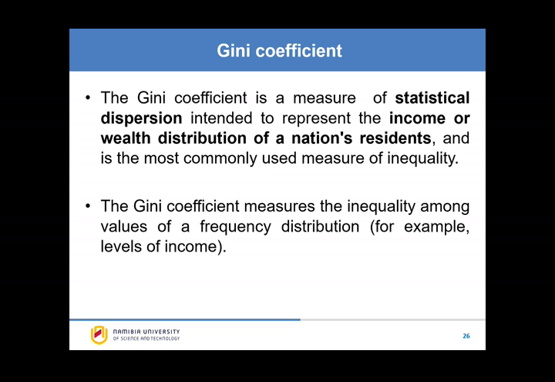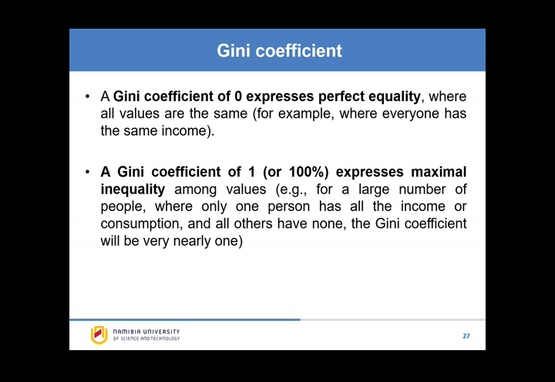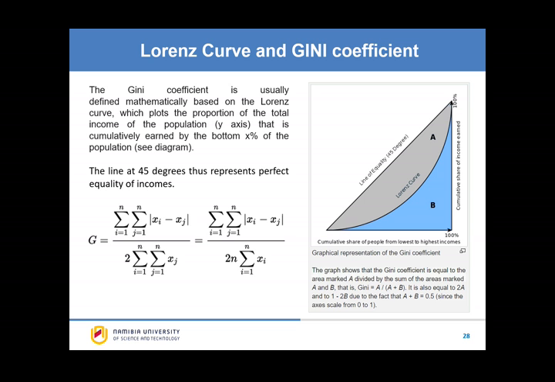In the y-axis, you will have the level of incomes. In the x-axis, the accumulated percentage of the population owning these incomes. A coefficient of 0 expresses perfect equality. A Gini coefficient of 1, or 100%, expresses maximum inequality. So we know that 0 is perfect equality and 1 is maximum inequality.